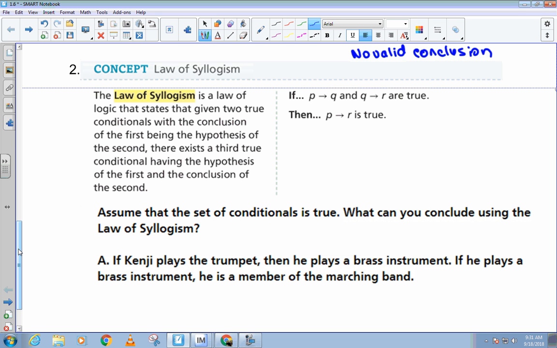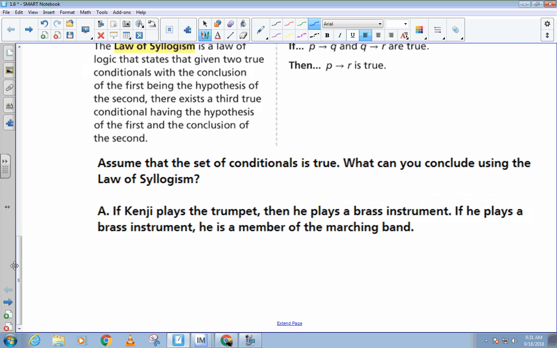For example, Kenji plays the instrument. If Kenji plays the instrument, then he plays a brass instrument. If Kenji plays the trumpet, then he plays the brass instrument. If he plays the brass instrument, he is a member of the marching band. So we have if P, then Q. There's my first statement.